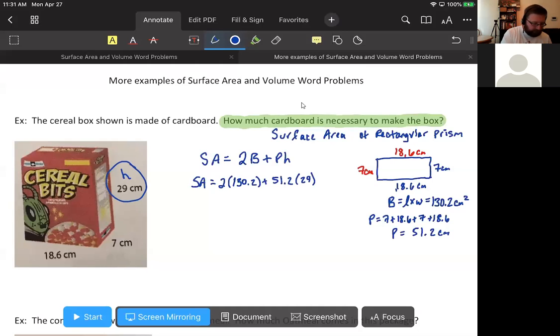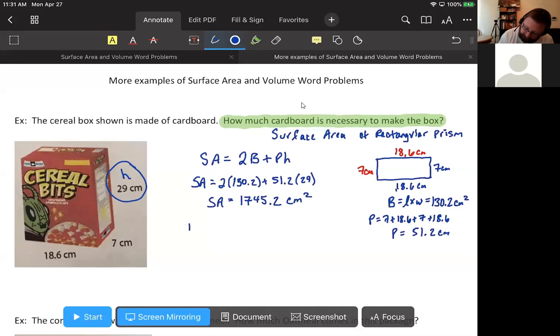Feed the entire thing to our calculator, and we get a surface area of 1,745.2 square centimeters.